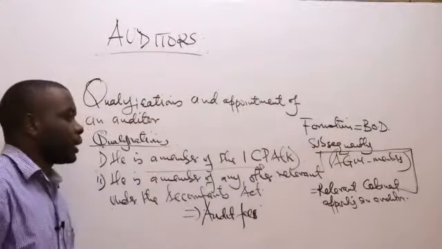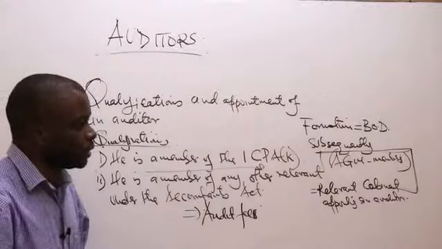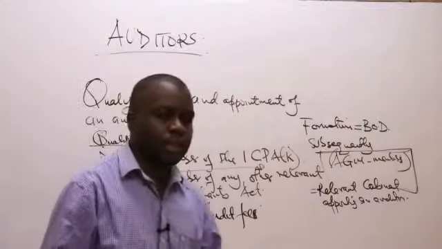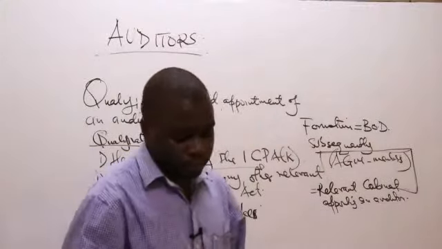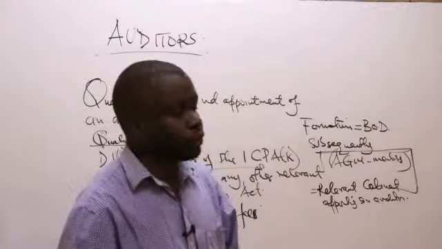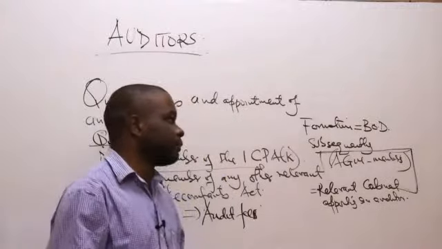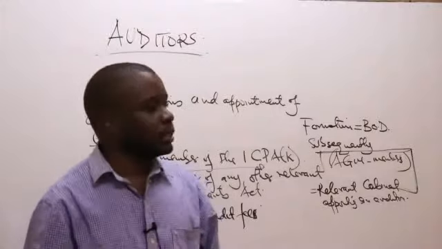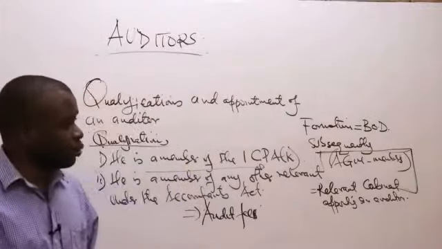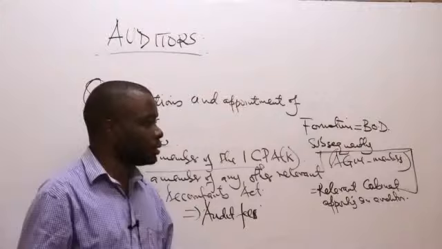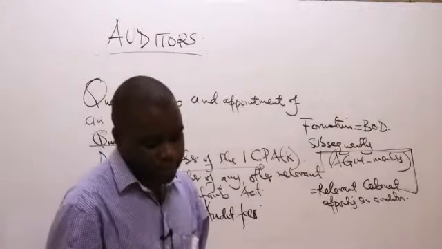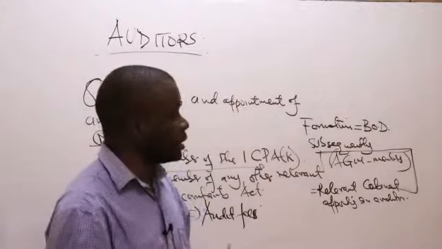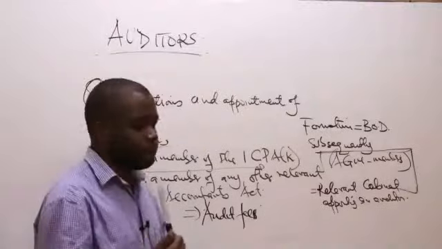Then number 3, what you can talk about, if there's a casual vacancy in the office of the first auditor, the directors will appoint his replacement. Just say it will be filled by the directors.